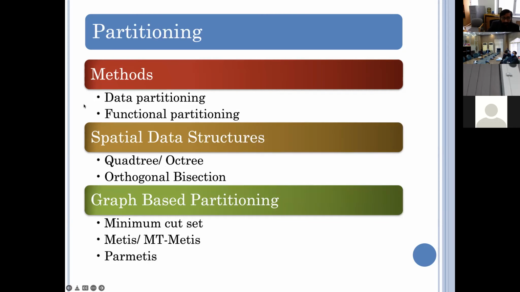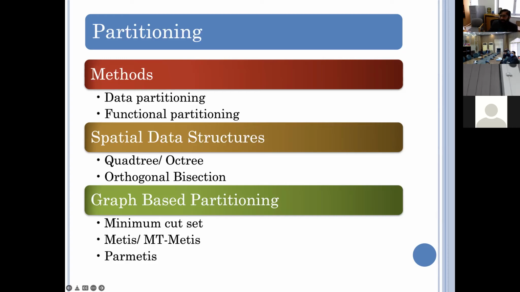The major question is, when we are converting the sequential program to the parallel program, you have to partition the problem in such a way that your problem can be solved concurrently. There are 2 methods to solve problems on parallel machines. One is data partitioning, the second is functional partitioning.